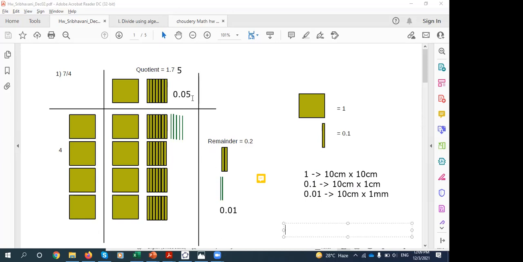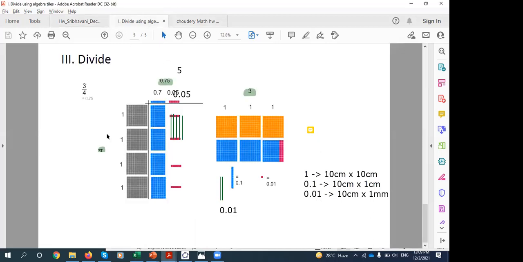So there is an alternative, which again, one of you has used. Let me show that to you. Now this is a much better representation.